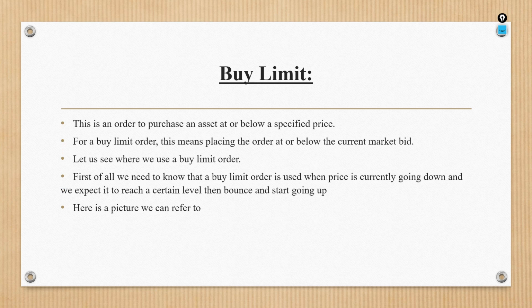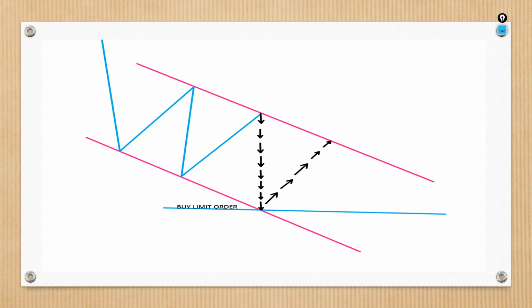So we use a buy limit when price is currently going down and we expect it to touch a certain level, then we expect it to bounce and start going up. So here is an illustration. Price has been moving like that and it reaches this particular point. It starts to fall.